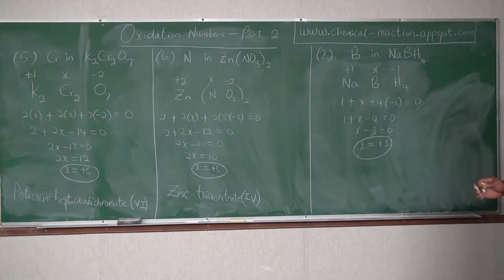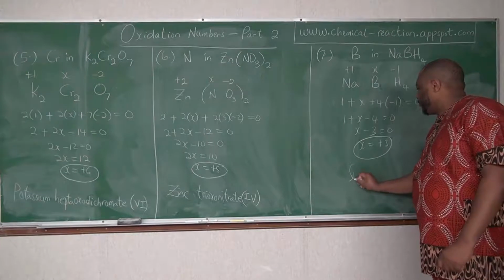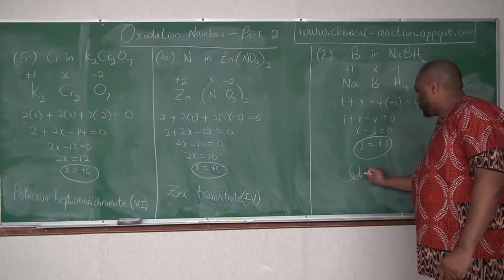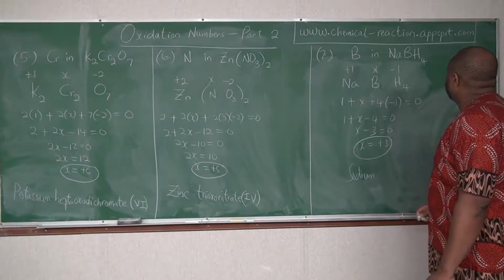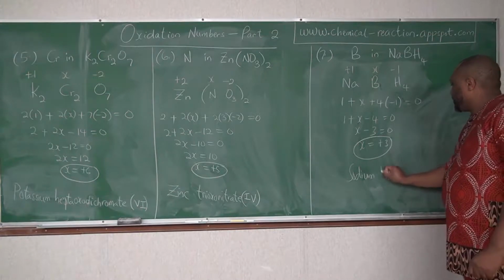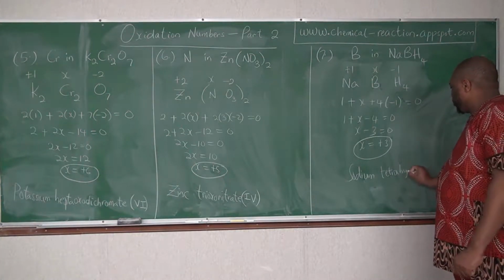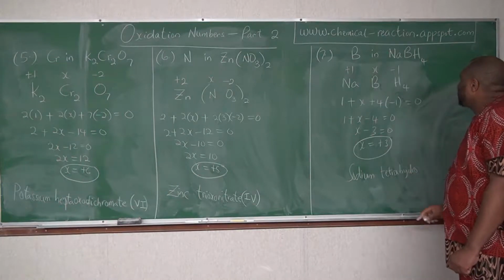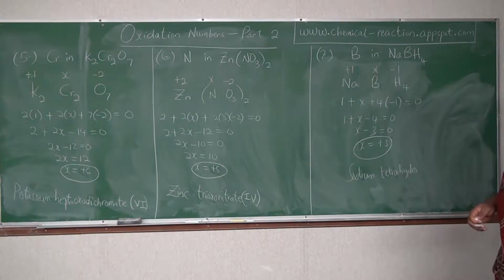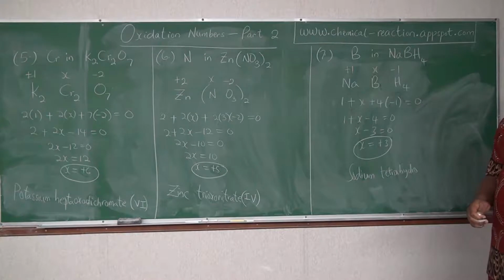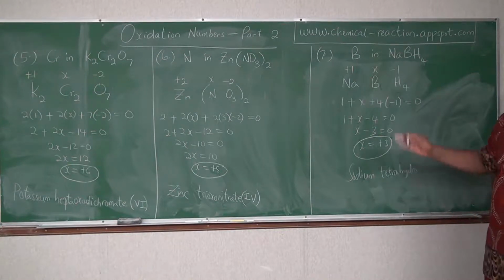So what is the IUPAC name for this? This will give us sodium tetrahydro, okay, 4 hydrogen atoms.